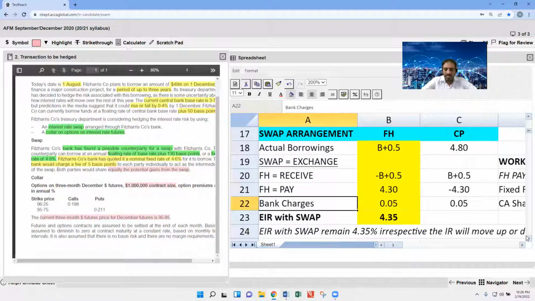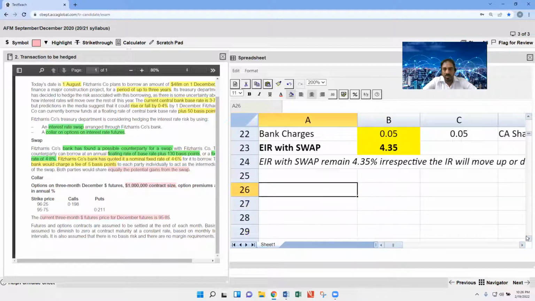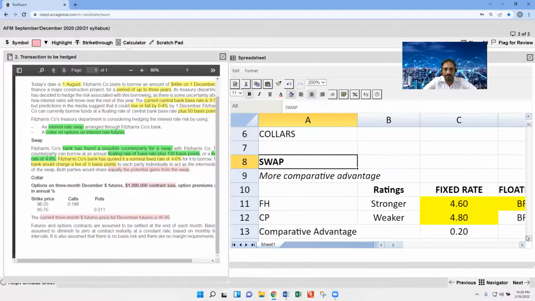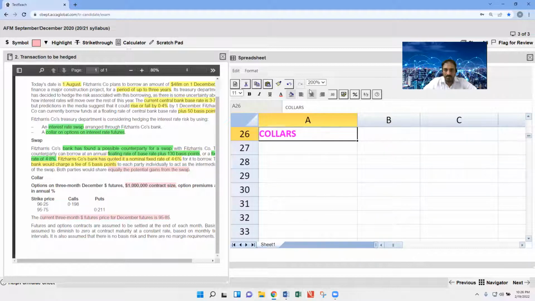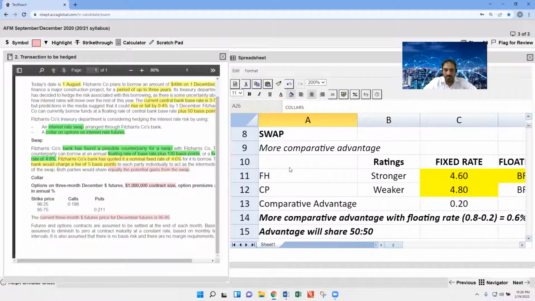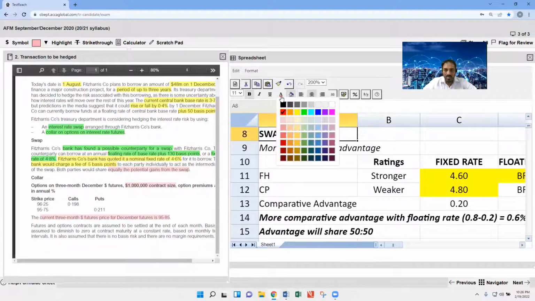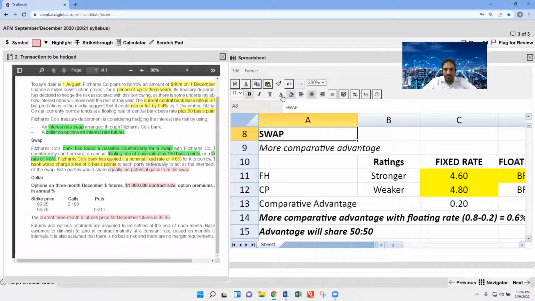Now, the other point is callers. But for the sake of callers, some working is required here.